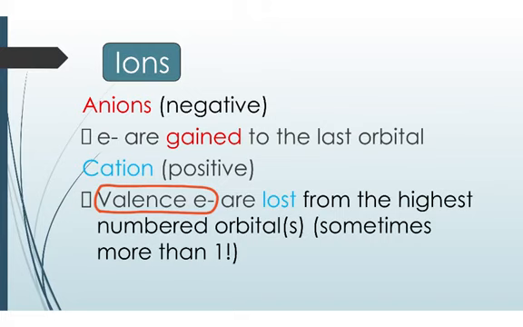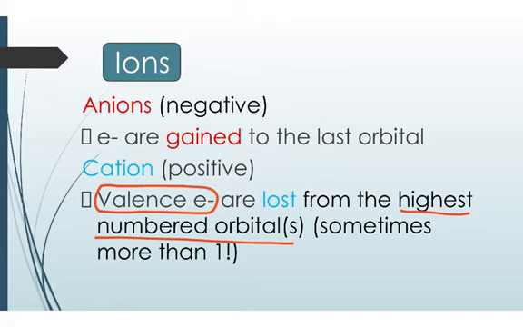Remember, my valence electrons are highest numbered orbital or orbitals. And this is probably where we have the most issues, is because we take the electrons out of the last orbital, but remember, the valence electrons are not always the last. We've just practiced circling those orbitals, and you can see a lot of times they are not. So when we're removing electrons, they're coming from the highest numbered orbitals.